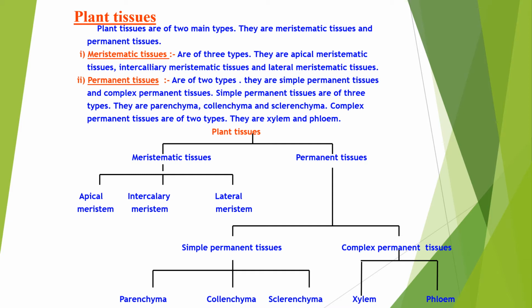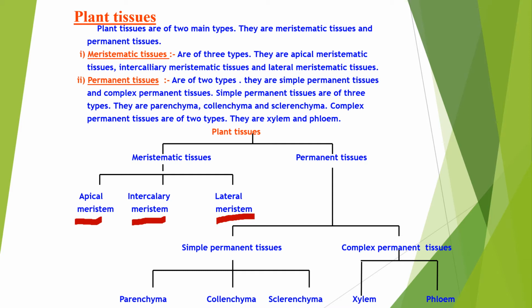So the meristematic are the first born cells and they are undifferentiated soft cells, and you have three different types of meristematic tissues: apical meristem, intercalary meristem, and lateral meristem.